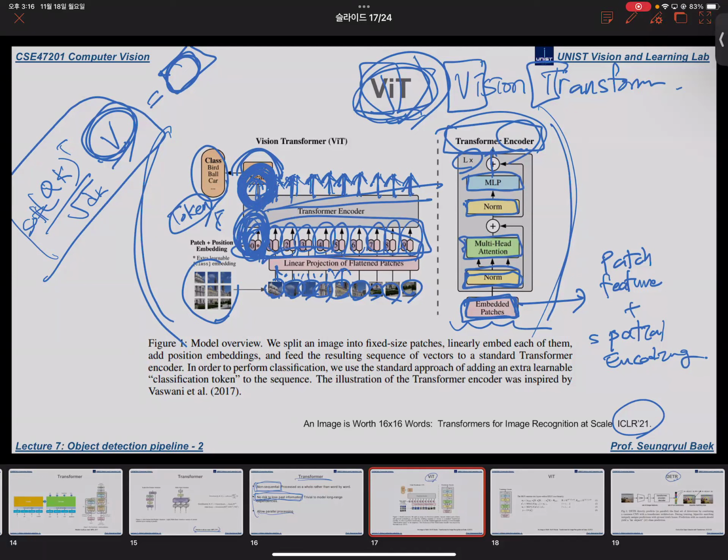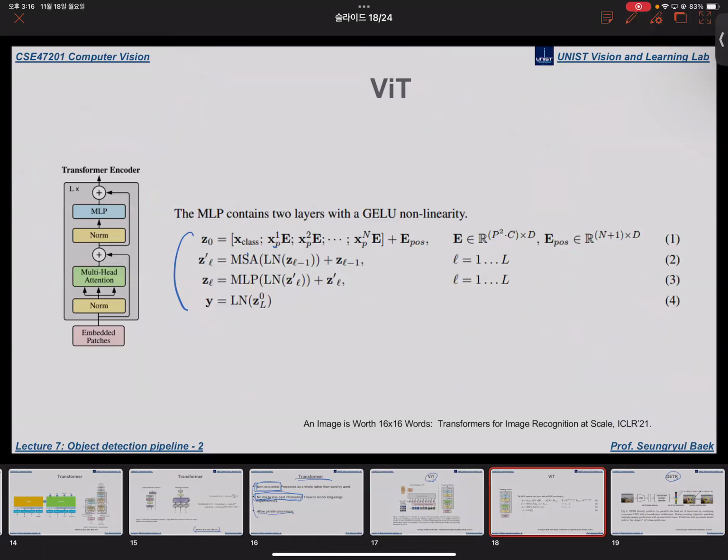Rather than using those, we make one more output that can somehow encode the overall image's classification probability and map it to the class probability using another MLP.